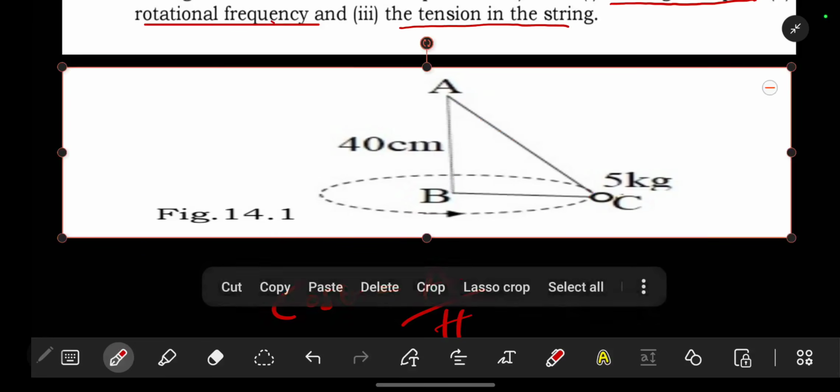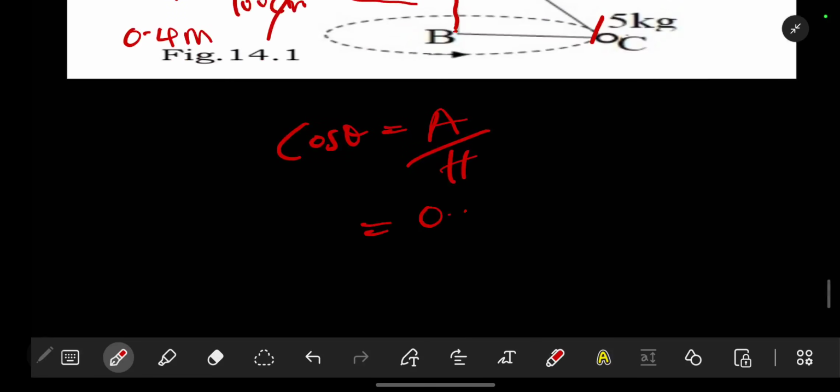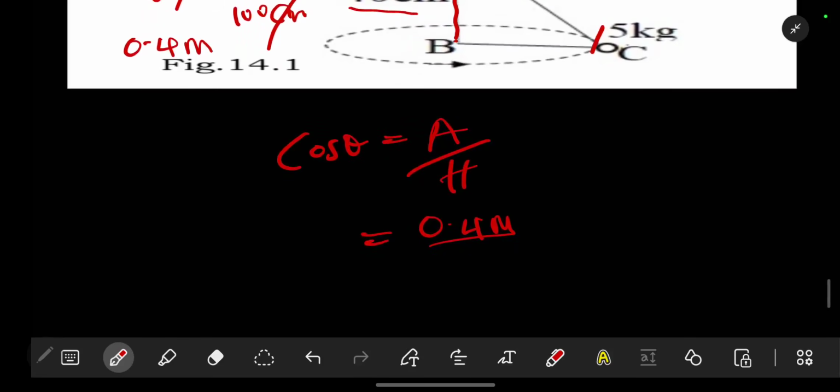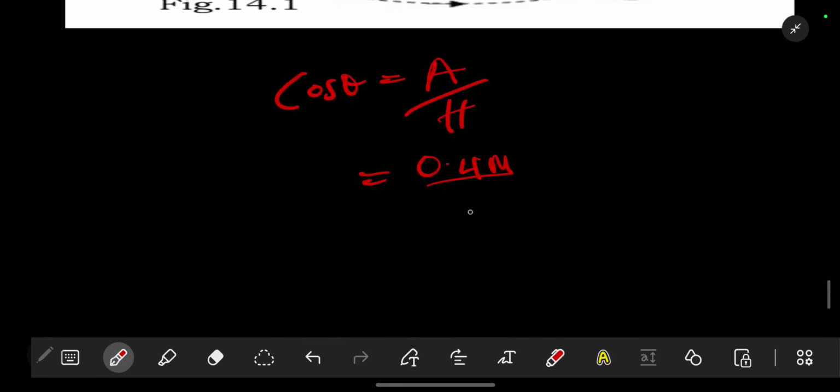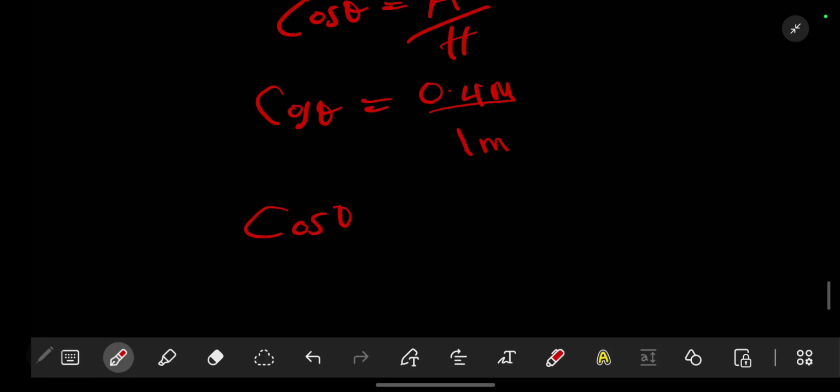40 divided by 100 gives us 0.4 meters. So we are going to use that. So it will be 0.4 meters over the hypotenuse. The length of the hypotenuse is 1 meter. So this gives us the cos of theta. 1 doesn't change anything, so cos of theta should be equal to 0.4.